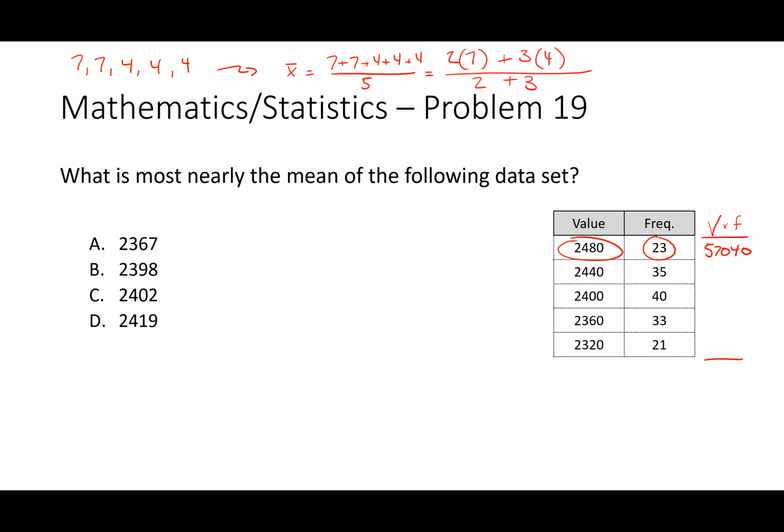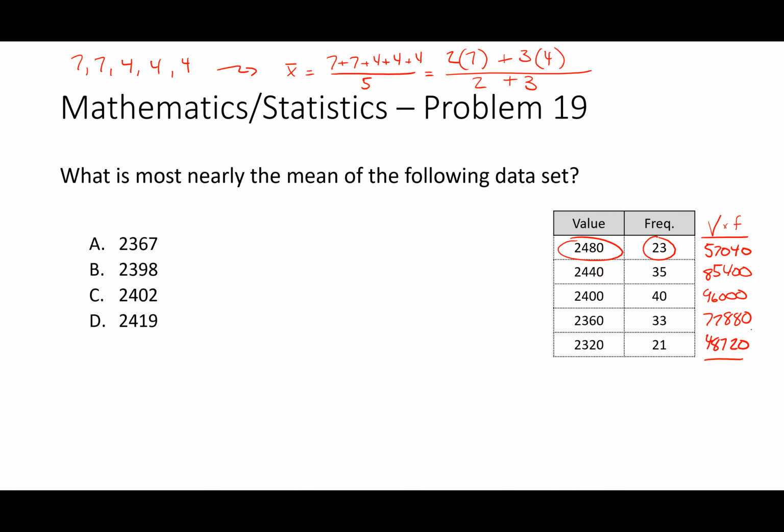Then just keep doing that down the rows. 2440 times 35, 85,400. 96,000. 77,880. And 48,720.